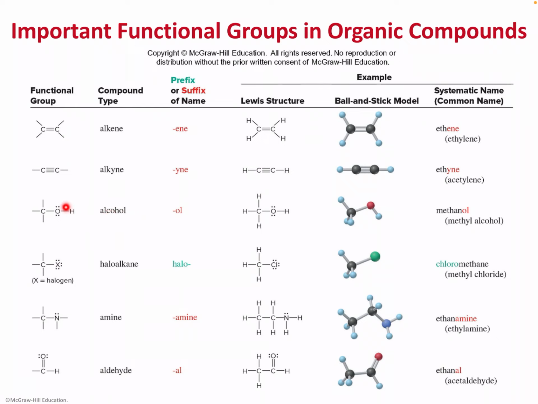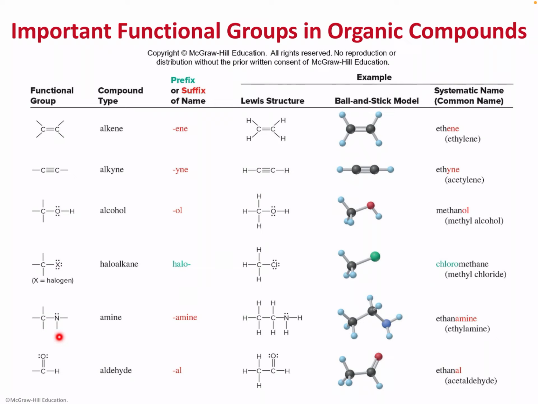Alcohol functional group is the OH group, with ol as the suffix. This is methanol, methyl alcohol. Another one is called haloalkane. When you have a halogen attached to the carbon, the prefix is halo. The Lewis structure is this one, so this is chloromethane.